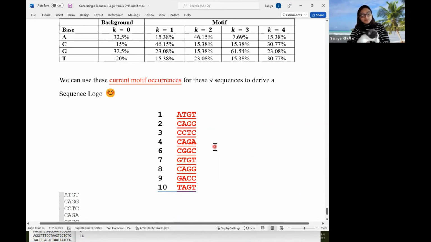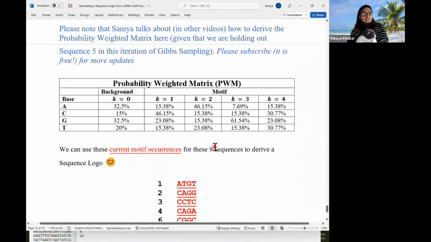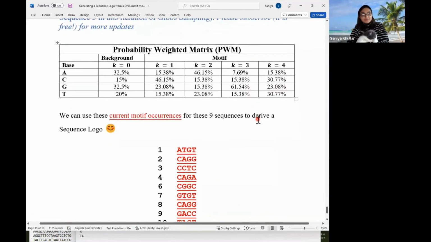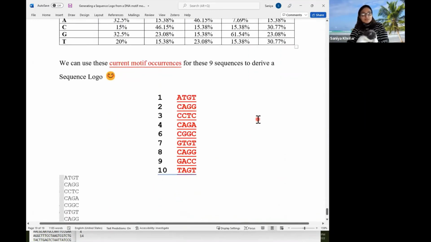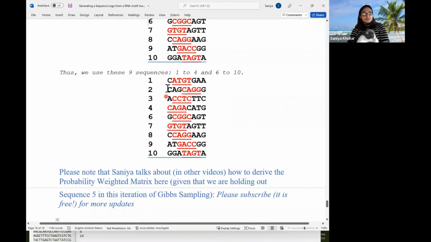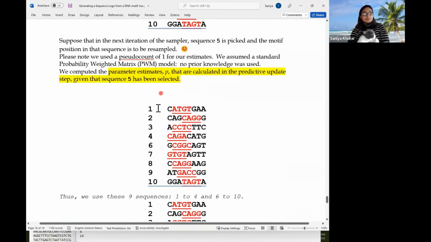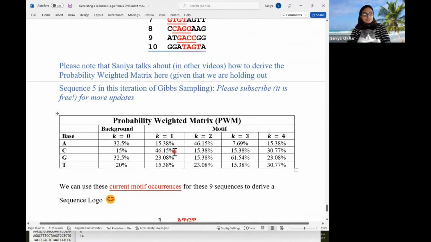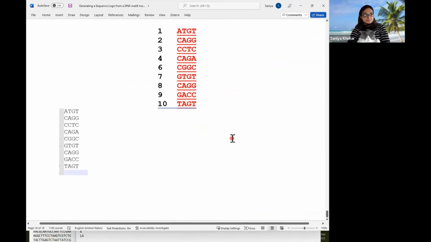We're not looking at sequence 5. When you're holding out a sequence, you're not using it for the estimates. So including all of these together would be a wrong approach, because we're deriving the probability weighted matrix not using sequence 5.